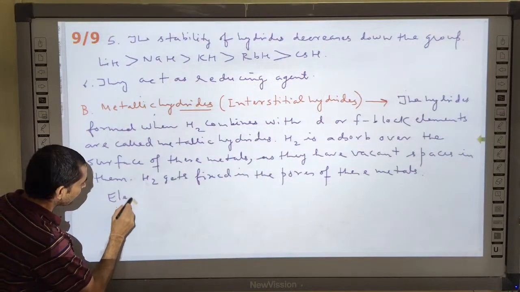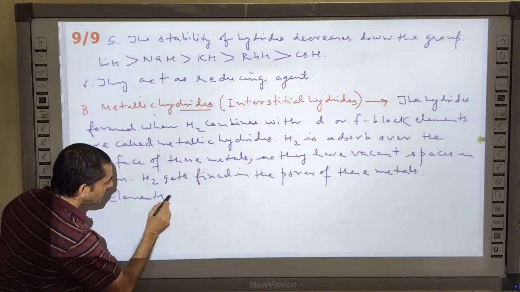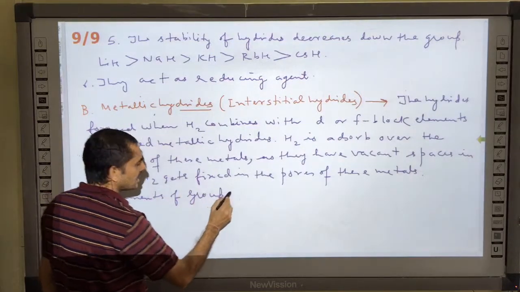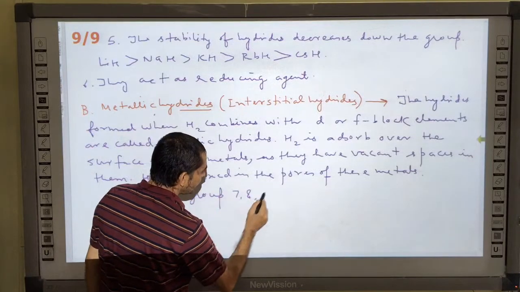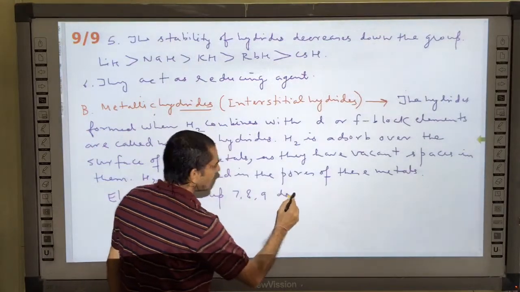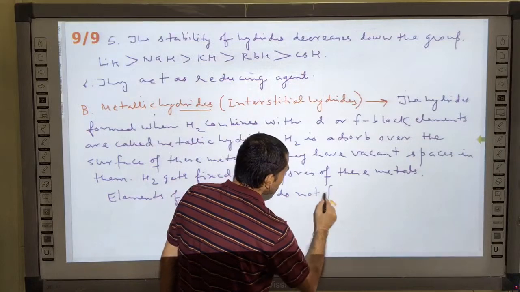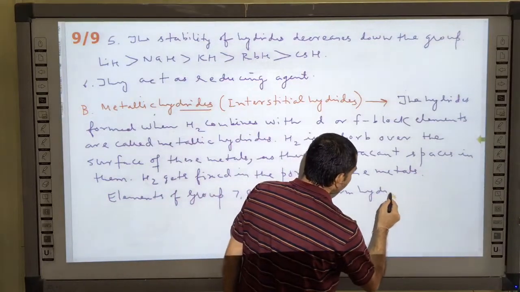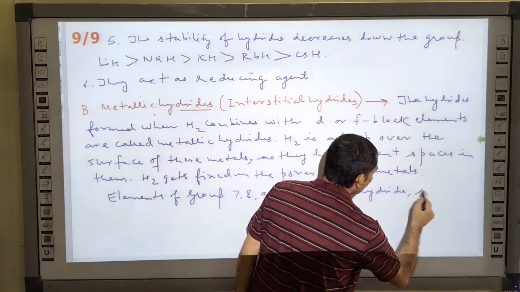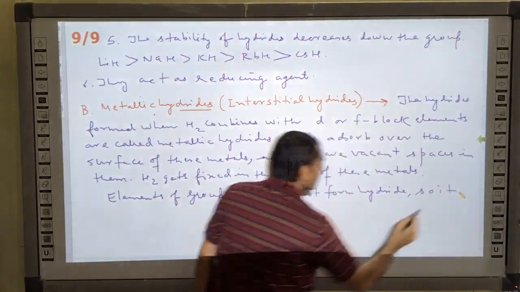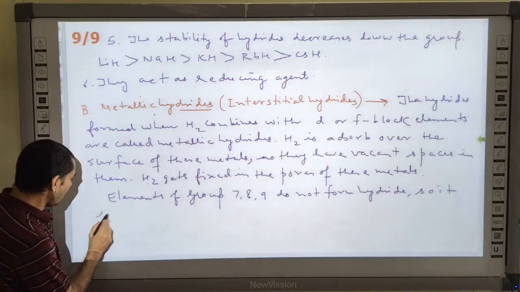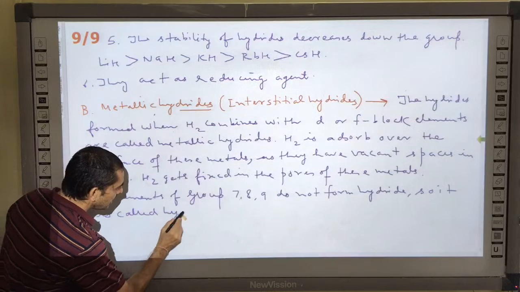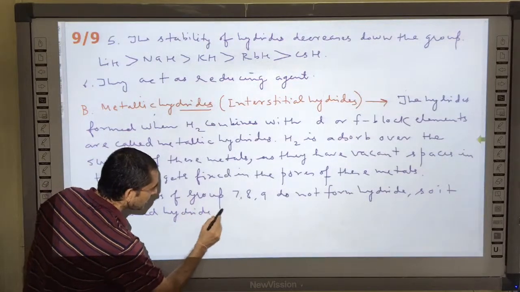Elements of group 7, 8 and 9 do not form hydride. So it is called hydride gap.